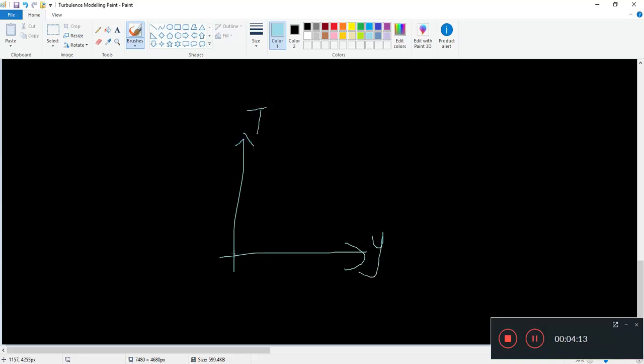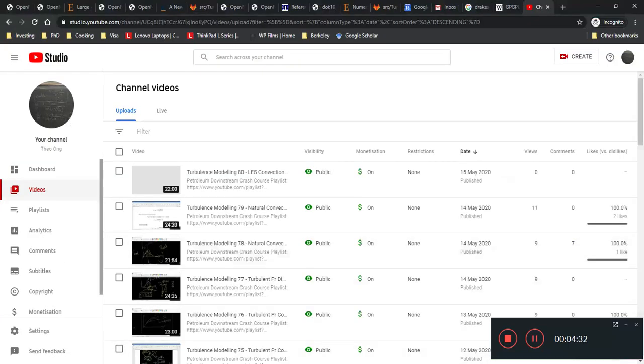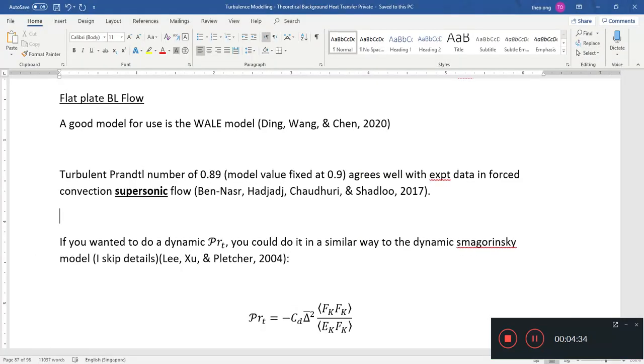Again, you have a very similar log law of the wall function, only for forced convection. So it's T plus versus y plus. So what Prandtl number do you want to use?